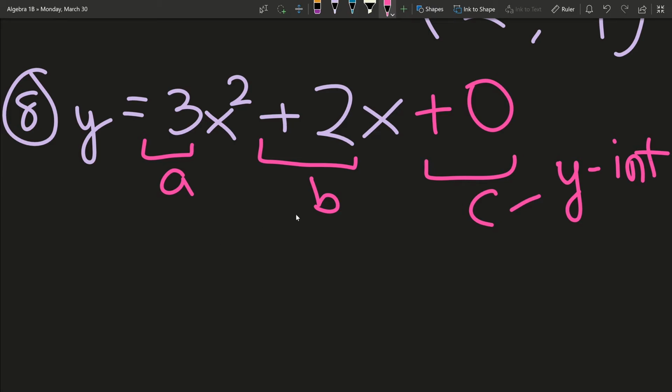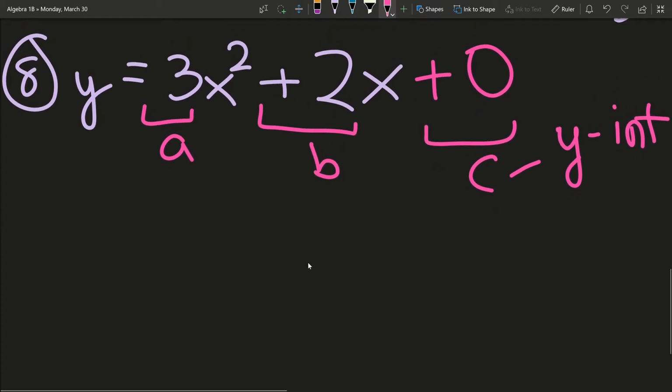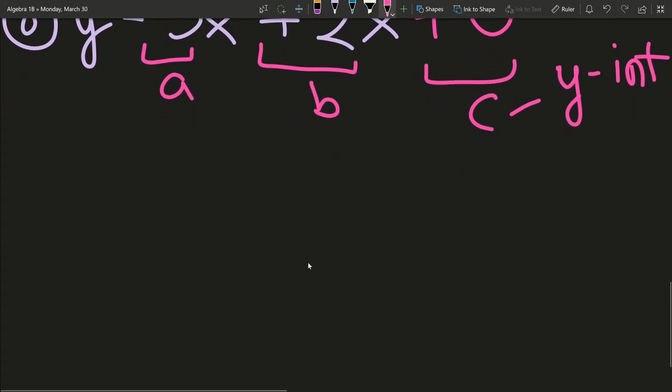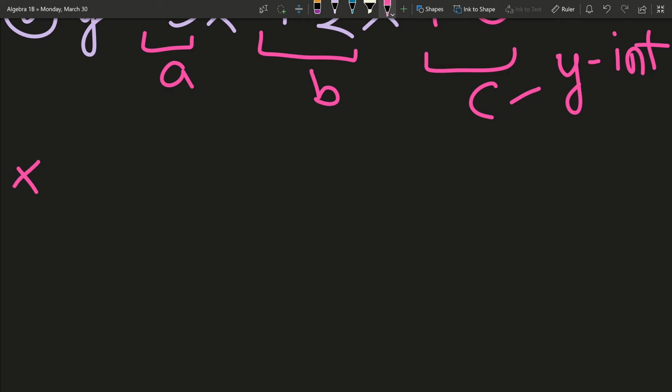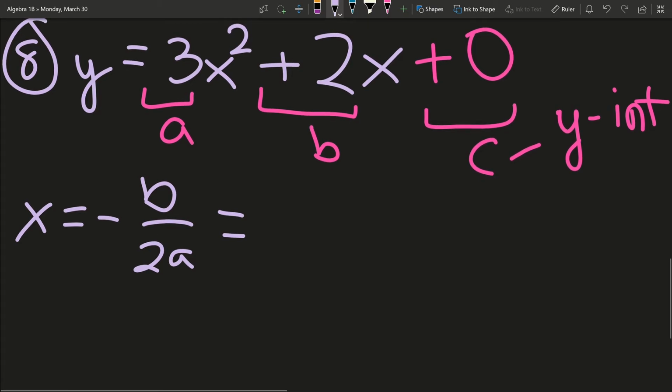Once again, we're going to start off with the axis of symmetry. Test yourself and see if you can remember the formula to figure out the axis of symmetry. The formula is x is equal to -b over 2a. Let's go back and check what our b is.